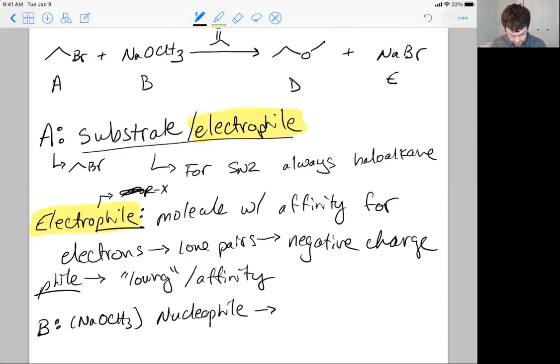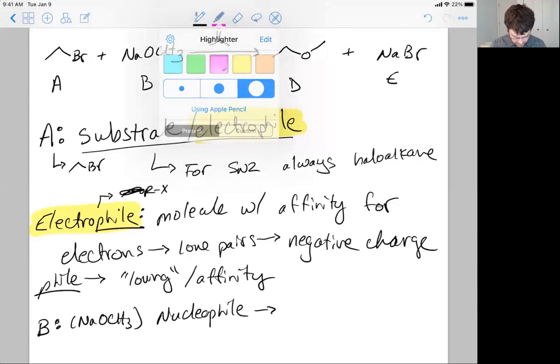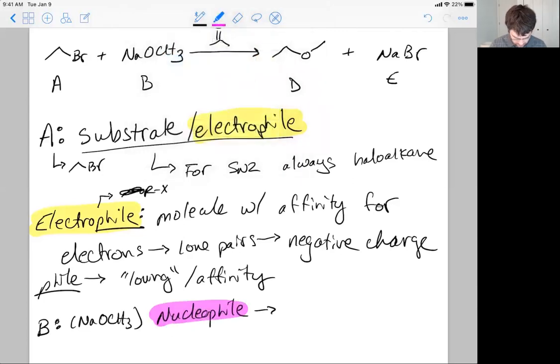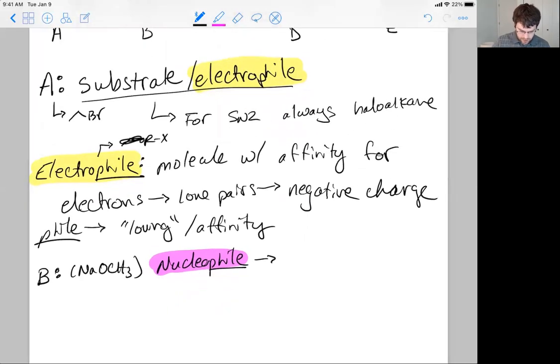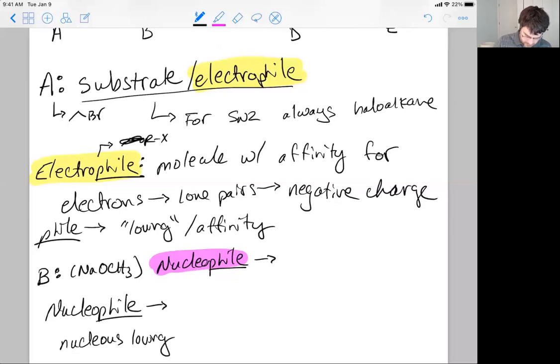Once again, we have that phile suffix, so the nucleophile is nucleus loving.